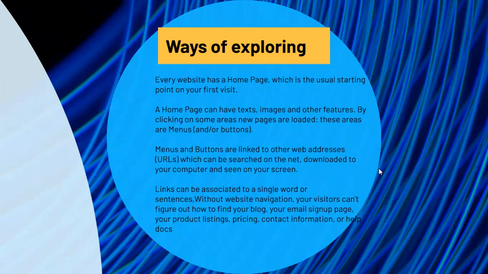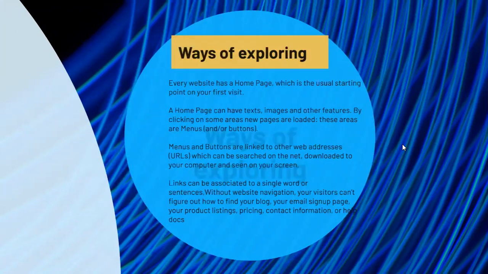Menus and buttons are linked to different URLs, that is Uniform Resource Locators, where you can search, and you can download to your screen, your computer, your Mac, or your Android. All these links are associated with single-word labels, which can help you find the blog, or you can just sign up for the newsletter. You can see when the website was formed, when the company was formed. You can find the ways you can contact them.